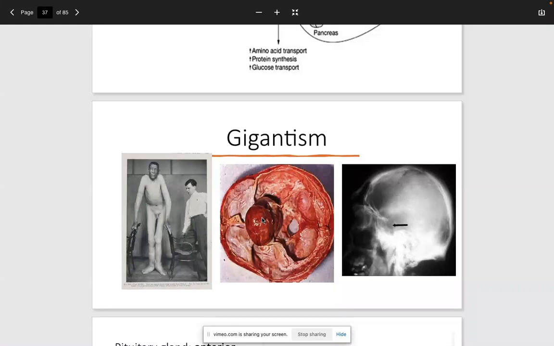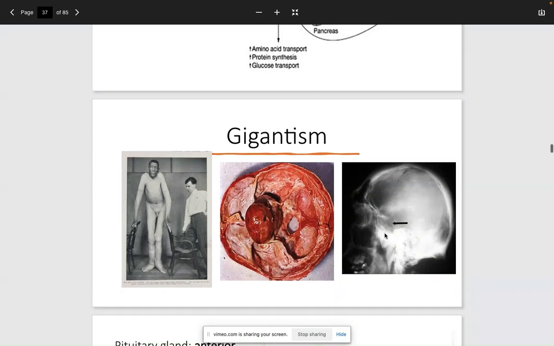This mass right here is a very large pituitary adenoma, and it's causing excess, meaning too much, production of that growth hormone. Therefore, this is why this man got extremely large. Here is a scan. This looks like a lateral X-ray, a lateral image where you can see the mass actually visible right here.